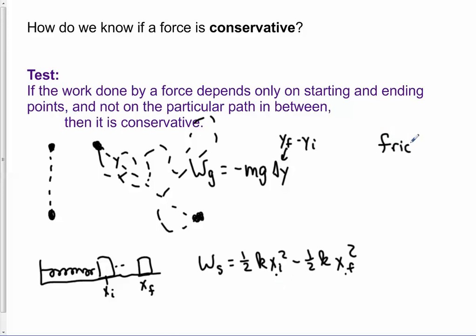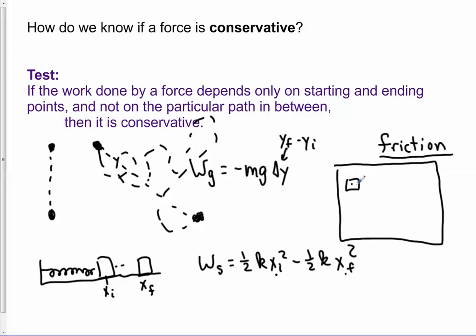Whereas finally for friction, certainly it would matter if we take an object, let's say we're looking down on a table and the object is here, and if we move it over to here, a distance d, the work done by friction will just be the frictional force, so it'll be kinetic friction because we're moving, times d, right?